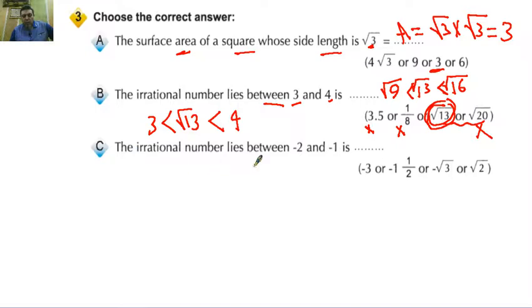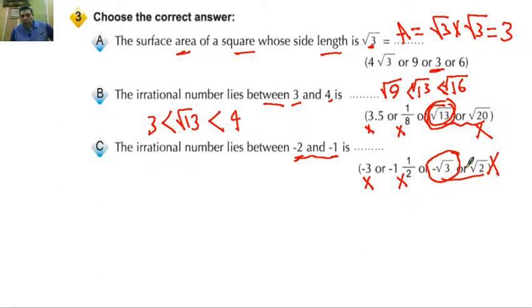The irrational number that lies between -2 and -1. These are rational numbers. The two irrational numbers are negative square root 3 and square root 2. Square root 2 is positive, but we must find a negative number. This is the answer: negative square root of 3.